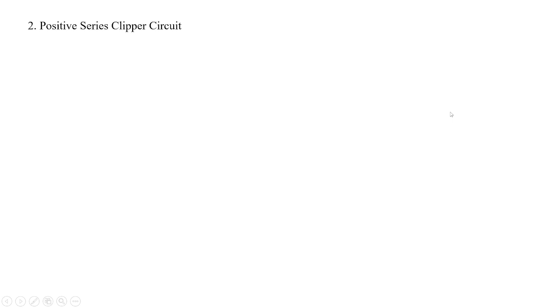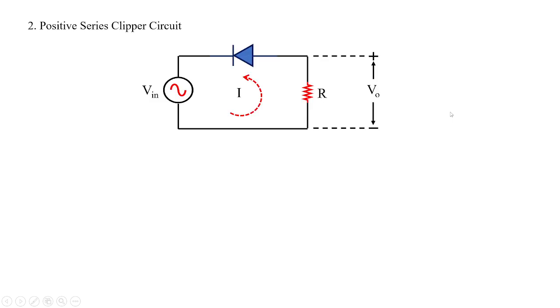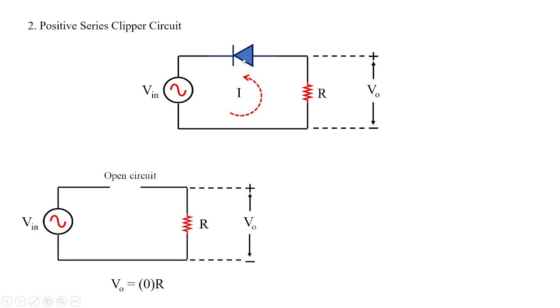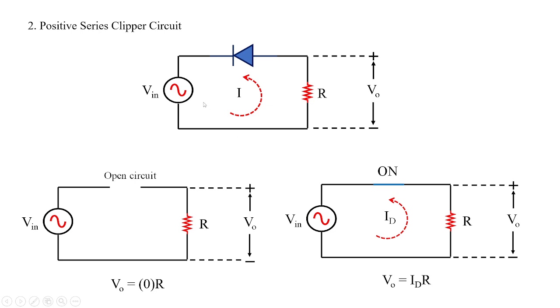What happens if we go with the positive series clipper circuit? Here you can see the diode conditions are reversed. For the positive half of the input voltage, the diode acts like an open circuit, and there is no voltage across the output. For the negative half cycle, the diode gets on, and the current flows in the anti-clockwise direction.